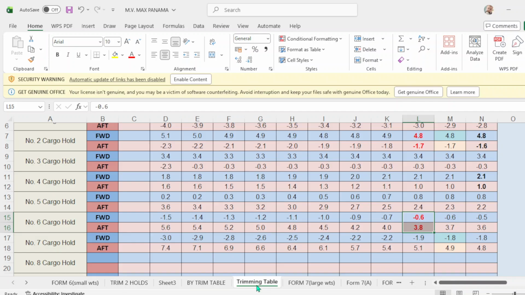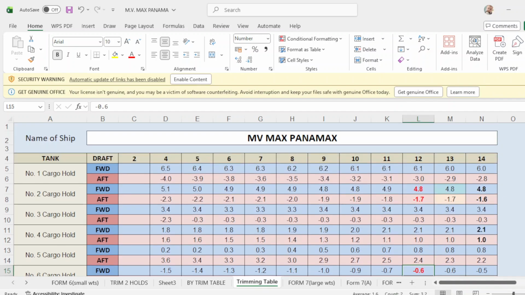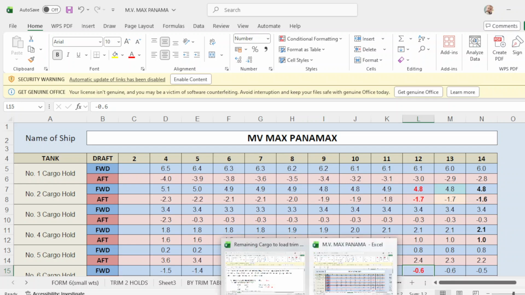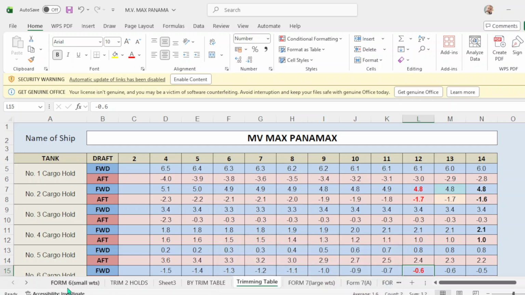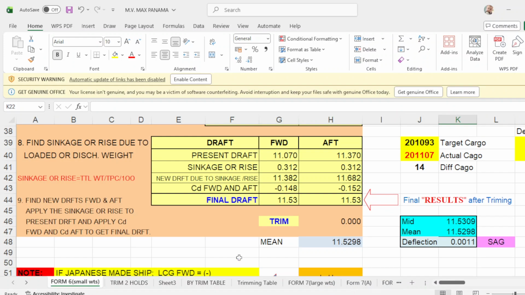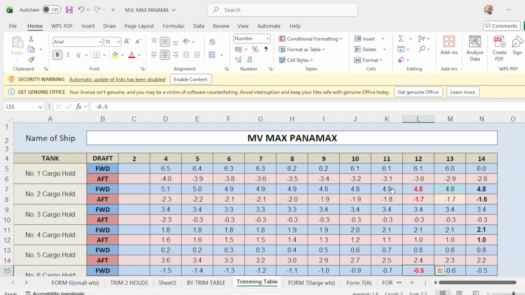Go to your trim table and look for 11 meters. I'm sorry, your departure drop, sorry. Your departure drop is almost 12 meters.